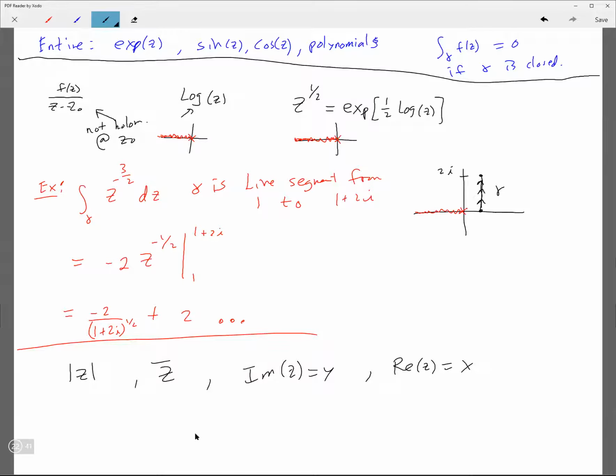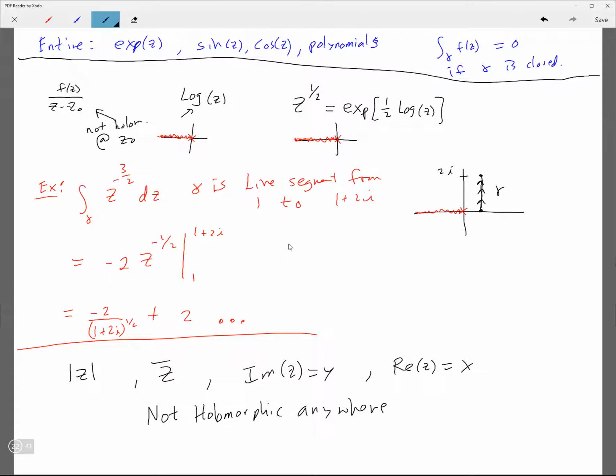These functions are not holomorphic anywhere. So if you see something like this, we're going to use this rule right here. If you see things like this, you have to worry about whether it's passing through a singularity. And if you see things like this, you have to just use the original formula, the definition. You can't pretend that you know what the antiderivative is, because you're going to get it wrong if you do it that way.